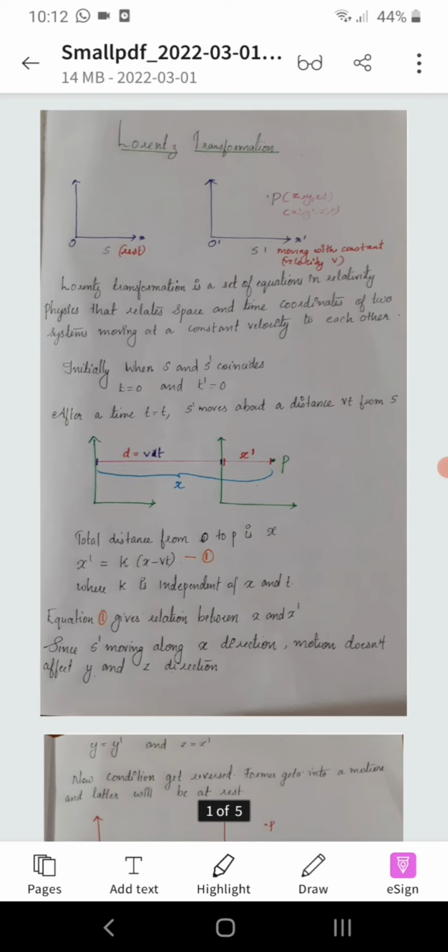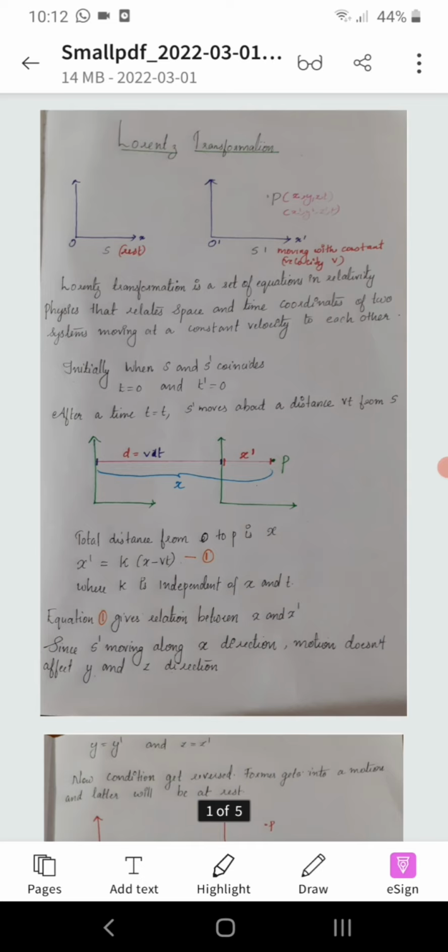So from the figure we can calculate x prime is equal to x minus vt into a constant k. K is a function of velocity. Then equation 1 gives the relation between x and x prime.